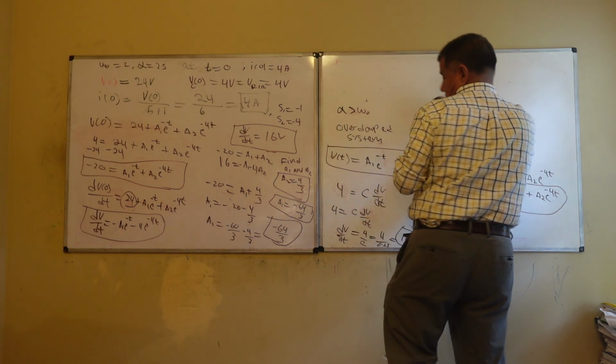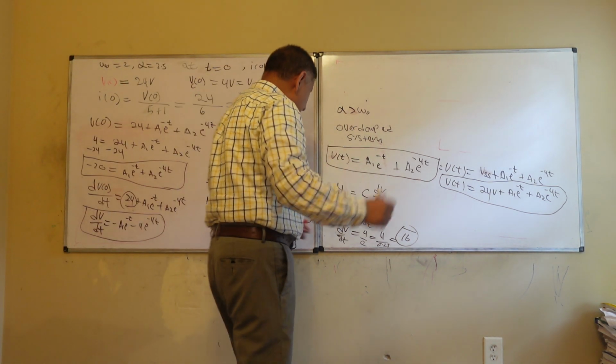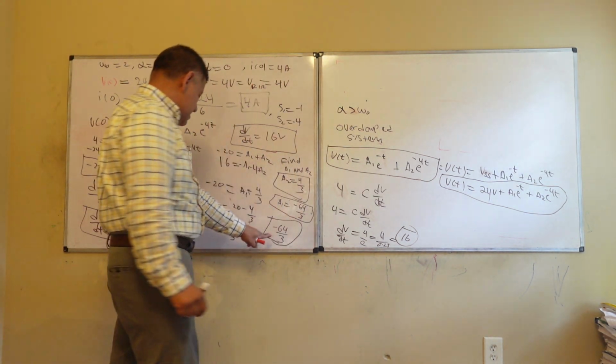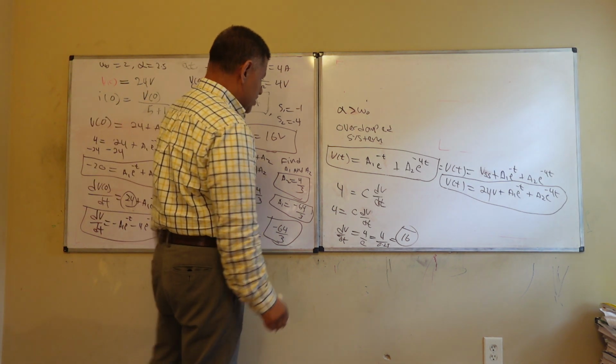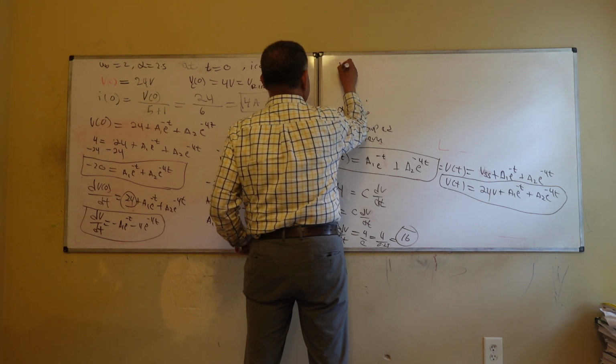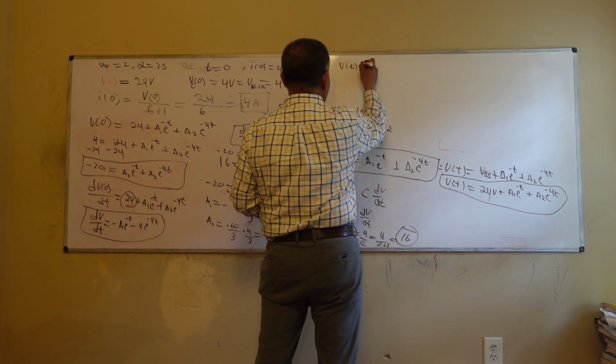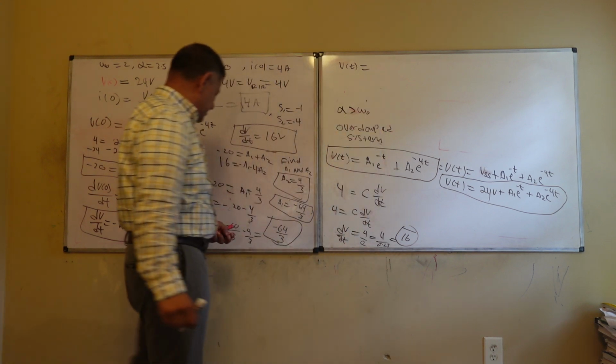So now we substitute it in this. So B of t is equal to what?